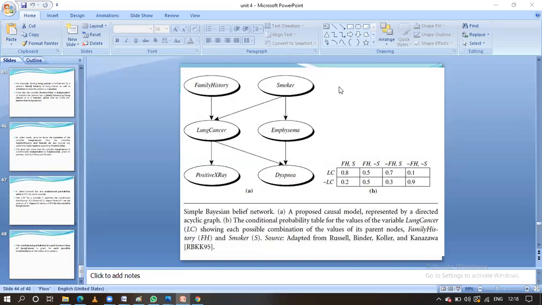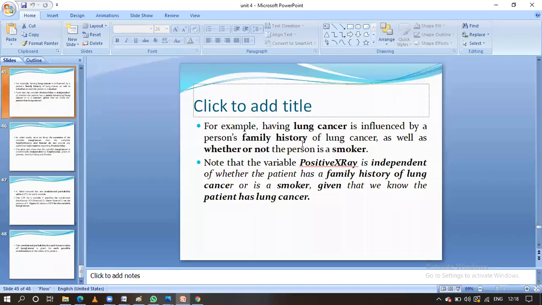Okay, guys, this is the overall explanation. This is an example related to lung cancer influenced by family history, as well as whether he is having the smoking habit or not. These two things, family history and smoking habits, will influence the lung cancer.